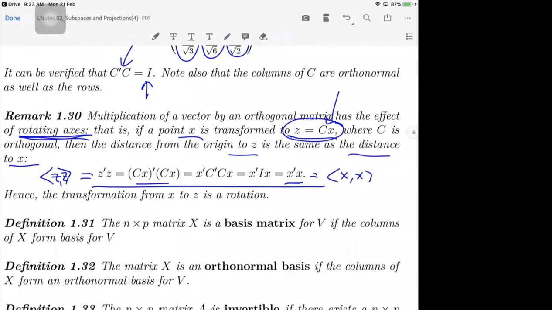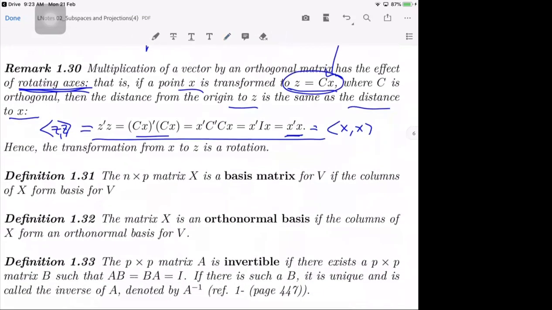That's the importance of having an orthogonal matrix.